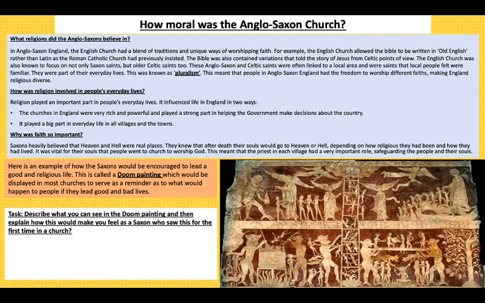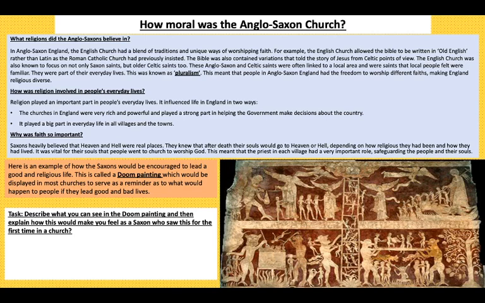So here we've got an example of how the Saxons would be encouraged to lead a good and religious life. We've got on the right hand here a doom painting, which would be displayed in most churches to serve as a reminder as to what would happen to people if they lead good or bad lives.